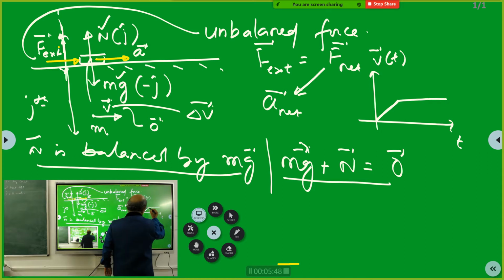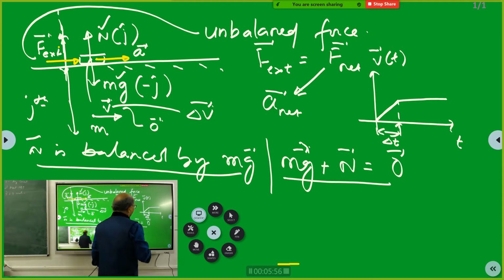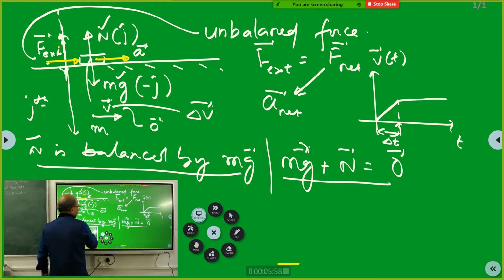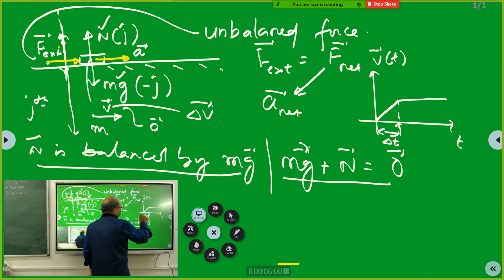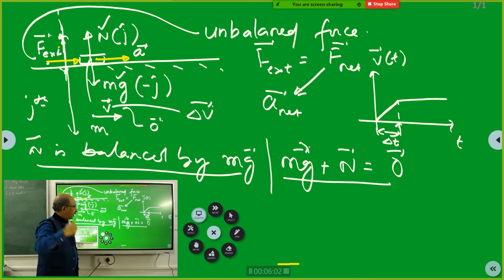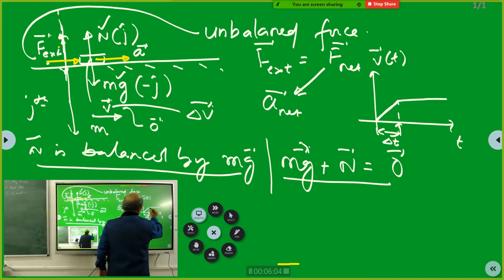Now till this point, I will take this as delta t. For delta t, the external force was active, and once my finger stopped touching the striker, the velocity vector remained constant.